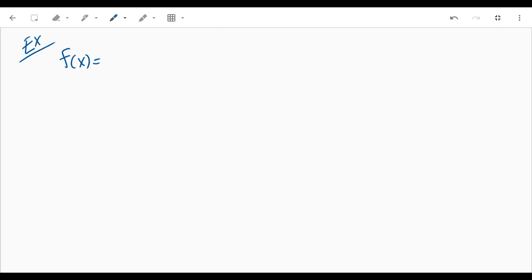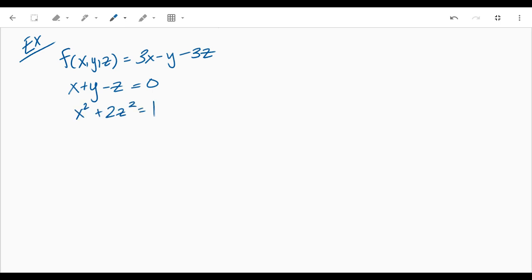is 3x minus y minus 3z. And then we're going to have our constraints that x plus y minus z has to equal 0, and x squared plus 2z squared has to equal 1.